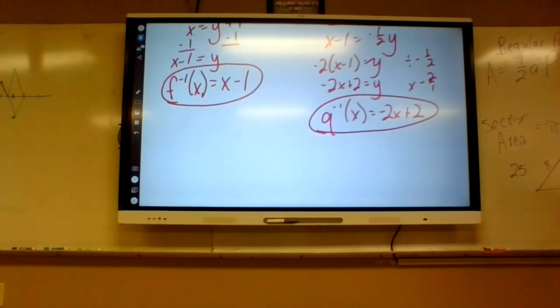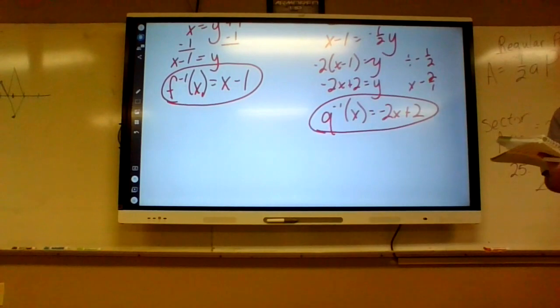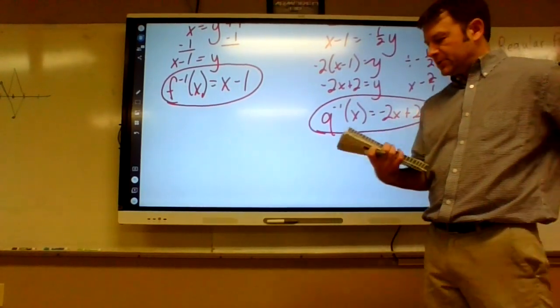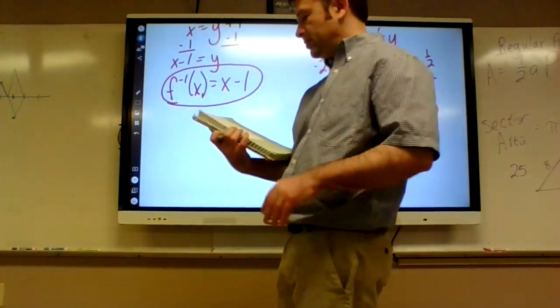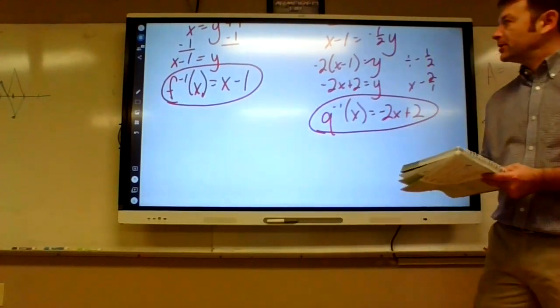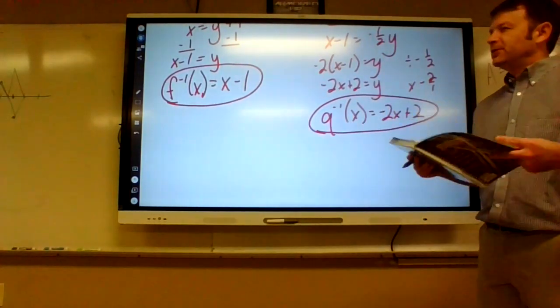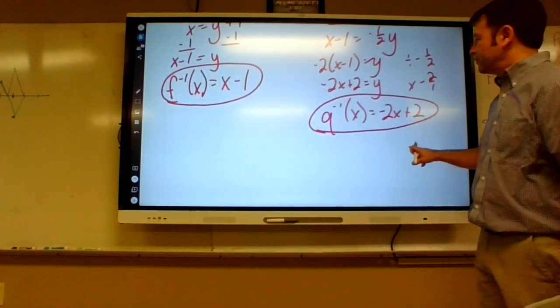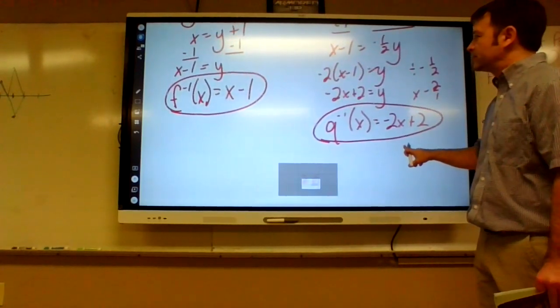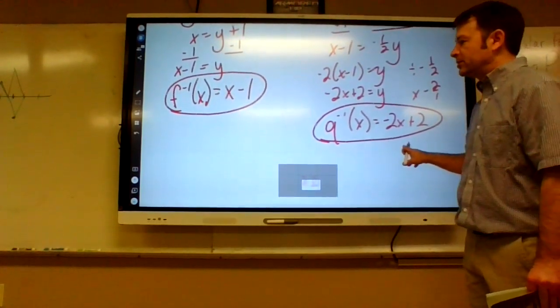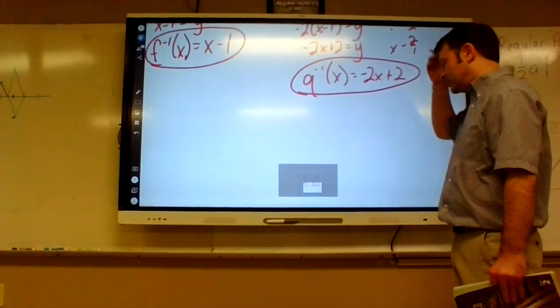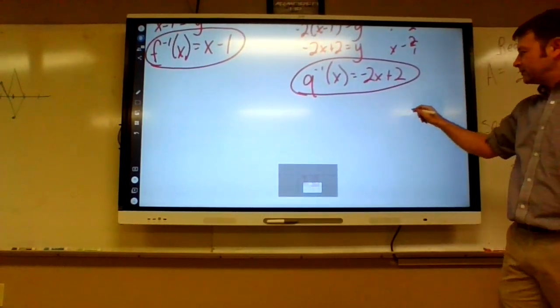Number 11, find the rule for the inverse of each function, so that's what we just were doing. And then graph the function and its inverse on the same plane. State whether the inverse is actually a function or not. Do you guys remember by the graph, how to tell whether it's a function? You draw a vertical straight line down, and if it gets 2 points, it's not. Yeah, a vertical line test.